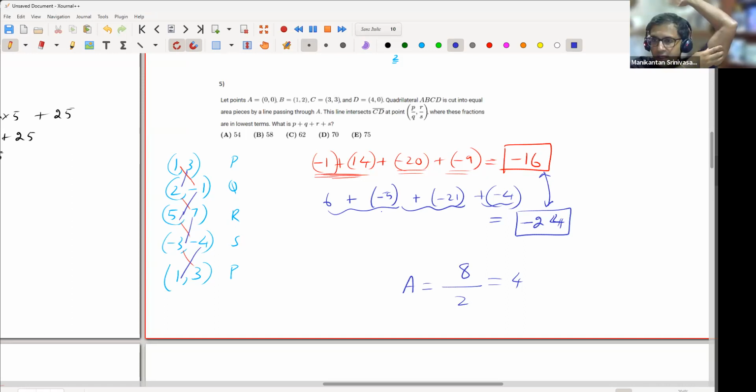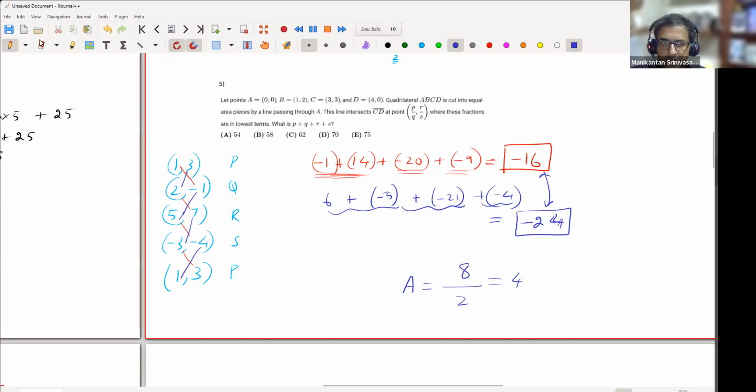Whoever calculates the area of the quadrilateral using the method I just showed you, please call it out. So 7.5, I think. 7.5, 15 by 2. Is anyone's answer matching that? Avinash, are you getting the same?